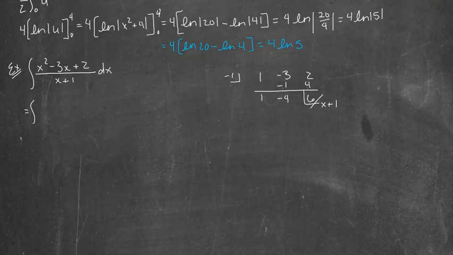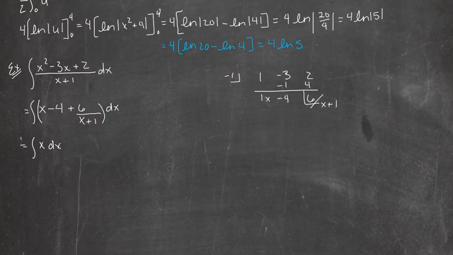And so this is 1x minus 4. Well, I don't really need to write 1x. I just put it there because I had a 1. So x minus 4 plus 6 that still needs to be divided by x plus 1, all of this dx.